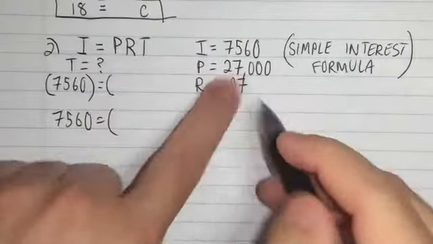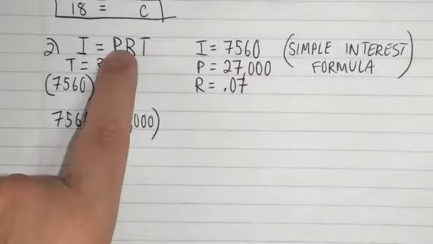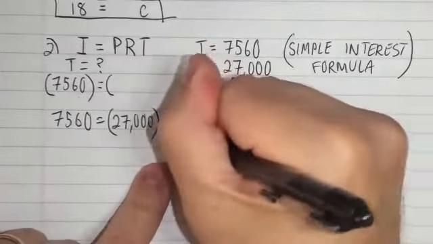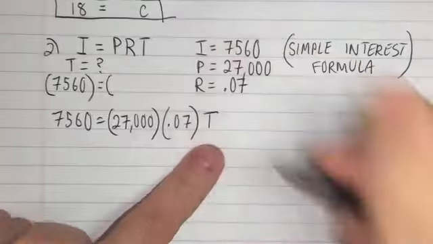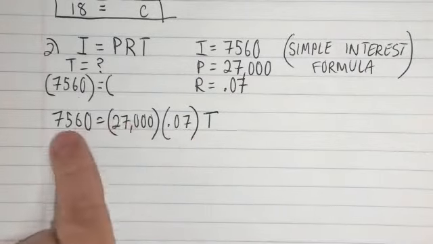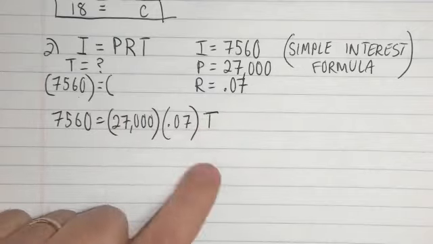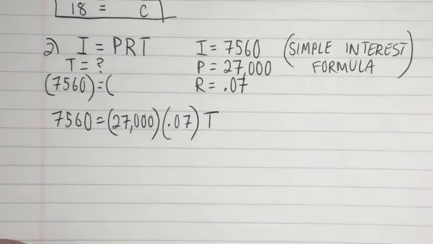Our P is 27,000. My R is 0.07. And then the T, that's where I put the T because that's what I don't know. That's the one missing variable. They gave me 3 out of the 4. That's fine. As long as I only have one missing variable, I can solve this.